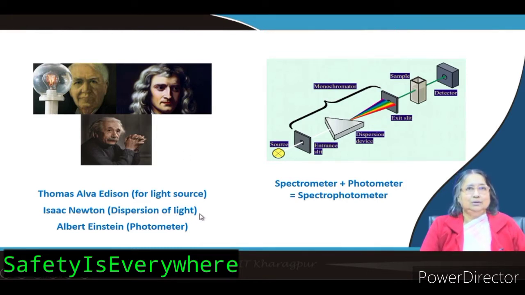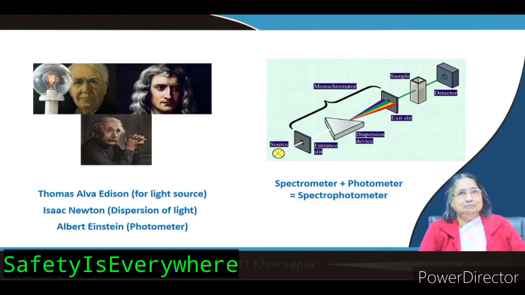You know that when white light is passing through a prism, you can see the dispersion, and then you can see 7 different lights. And then Einstein, the photometer: Albert Einstein got the Nobel Prize for the photoelectric effect.